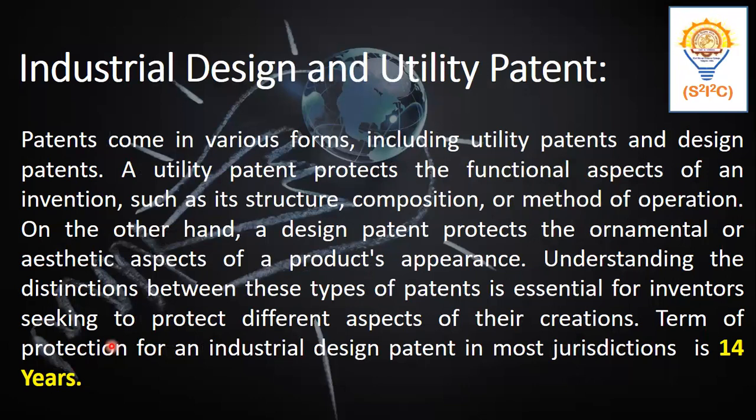On the other hand, a design patent protects the ornamental or aesthetic aspect of a product's appearance. Understanding the distinction between these two types of patents is essential for inventors seeking to protect different aspects of their creation. The term of protection for an industrial design patent in most jurisdictions is 14 years.